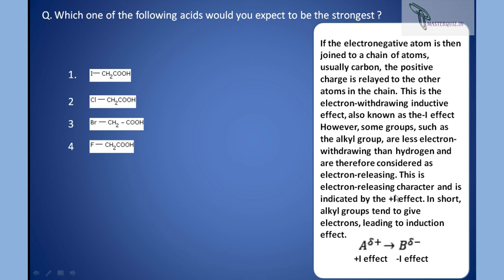This is electron releasing character and is indicated by the plus I effect. In short, alkyl groups tend to give electrons, leading to the inductive effect. So each and every alkyl group in these options gives electrons to the halogen. That means the halogen shows minus I effect and the alkyl carbon shows plus I effect.